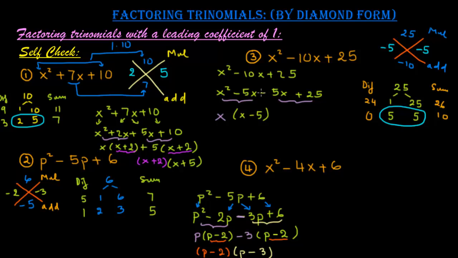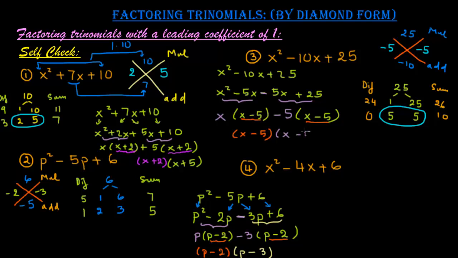And in the last two terms, we have the negative, so we factor the negative 5 out. Then you will have x minus 5. So x minus 5 is in common, so we put it in front. What's left in the other parenthesis is also x minus 5.